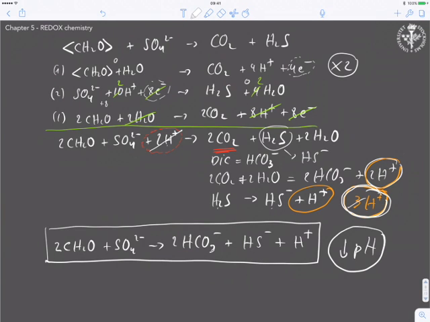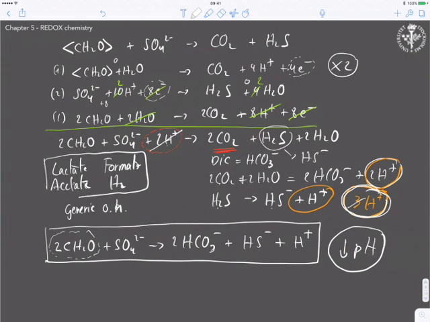And in the assignment, I want you to do the same calculation, but with a different electron donor, a different source of organic matter. We did that with generic organic matter. You will do that with lactate, acetate, formate, or even hydrogen.